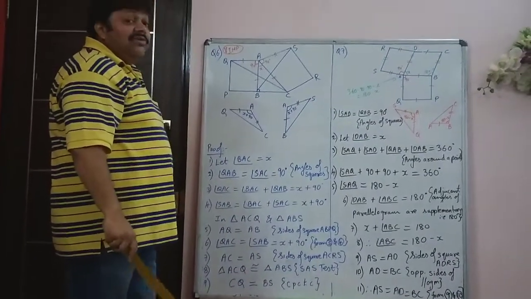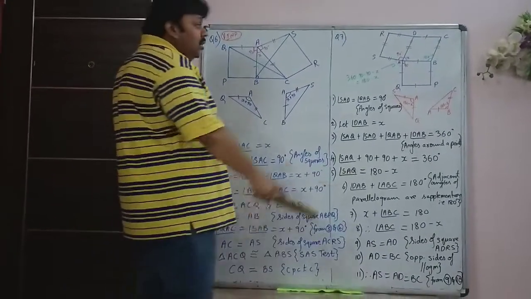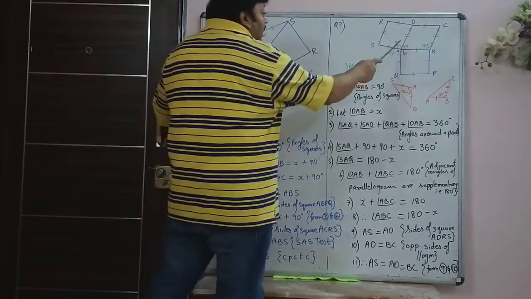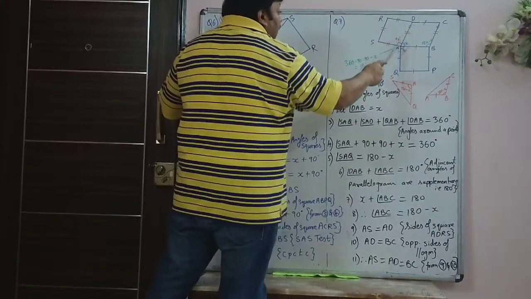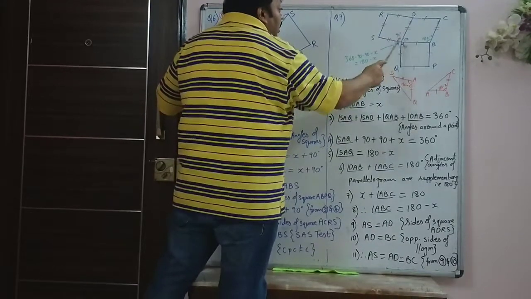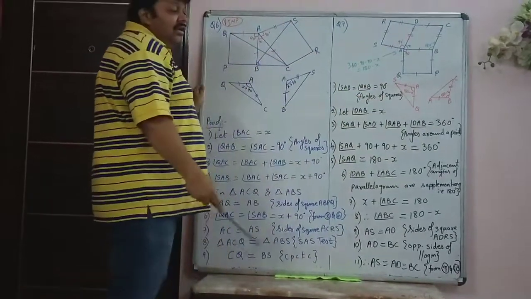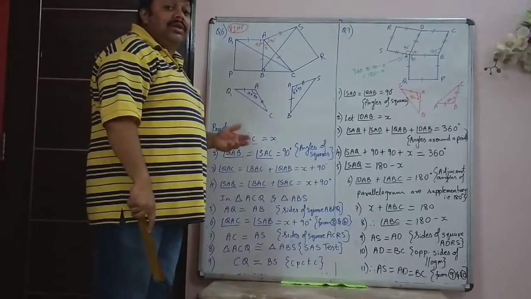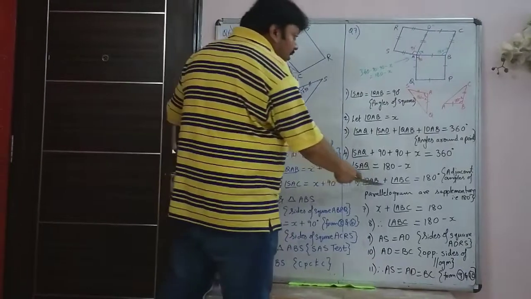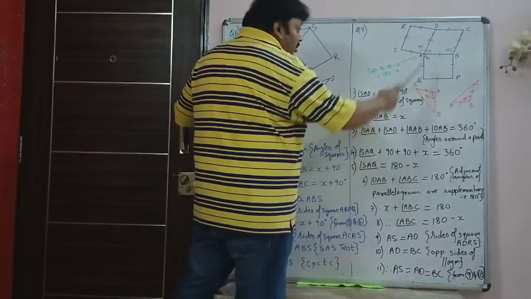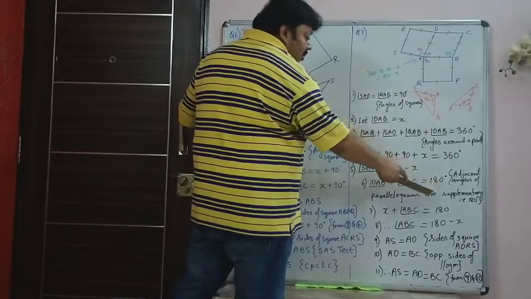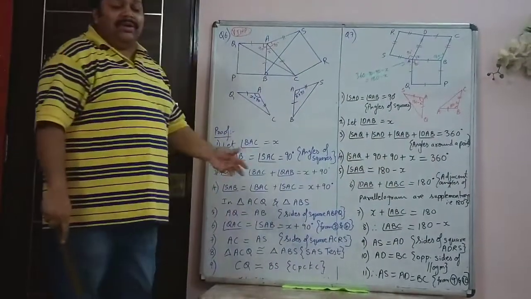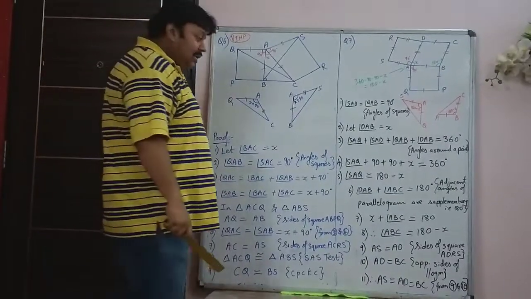Now the other triangle which I require to prove congruent is ABC. In ABC, I can directly write angle DAB plus ABC is 180. Why? Because adjacent angles of a parallelogram add up to 180, that is, they are supplementary. Supplementary means adding up to 180 degrees.